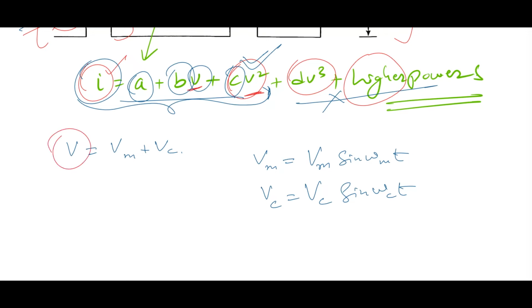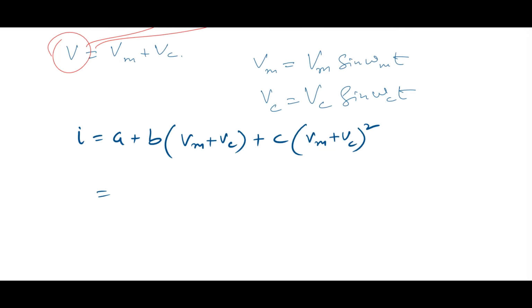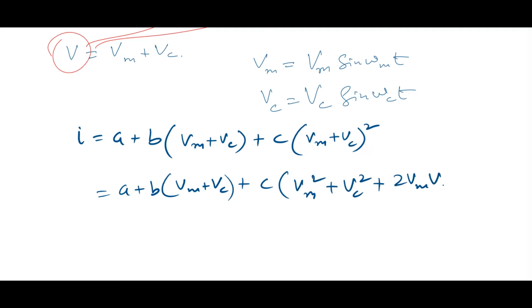Let us first substitute these values in this place and this place. So our new equation for current becomes I equals A plus B, in place of V, Vm plus Vc, plus C, and in place of V square, again Vm plus Vc whole square. Let us rewrite the equation: A plus B(Vm plus Vc) plus C, and I'll expand this square, so this becomes Vm square plus Vc square plus twice Vm Vc.